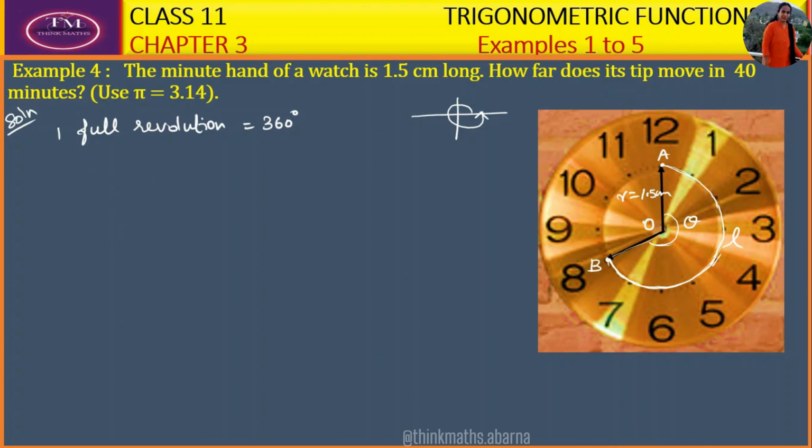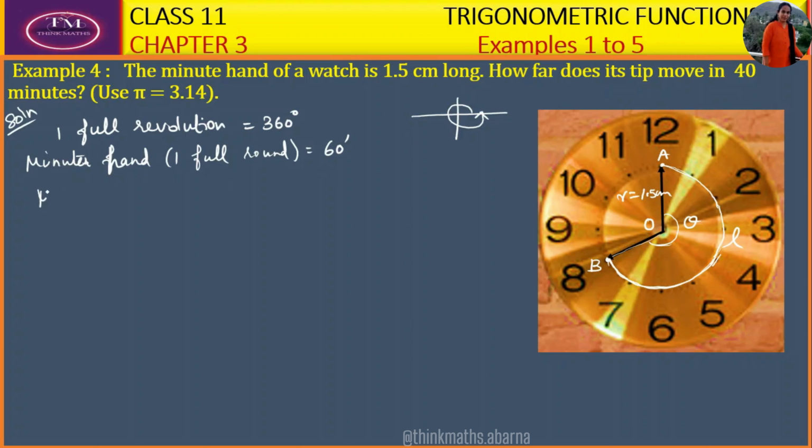Now, if the minute hand goes one full round, it will make 60 minutes. Out of this 60 minutes, how much is it moving? It is moving 40 minutes.